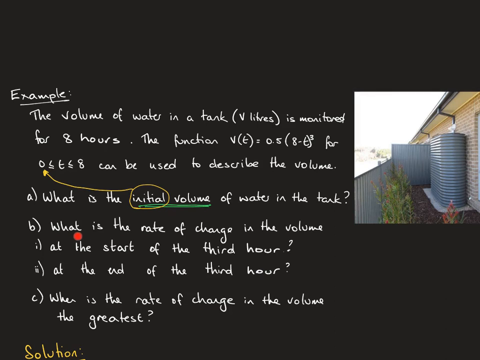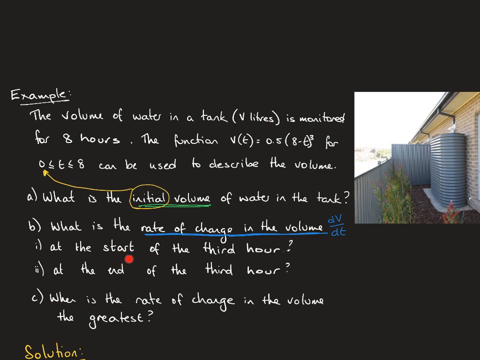Then it asks us, what is the rate of change in the volume? So it's asking us for dV dt, the rate of change in the volume at the start of the 3rd hour, and then at the end of the 3rd hour.